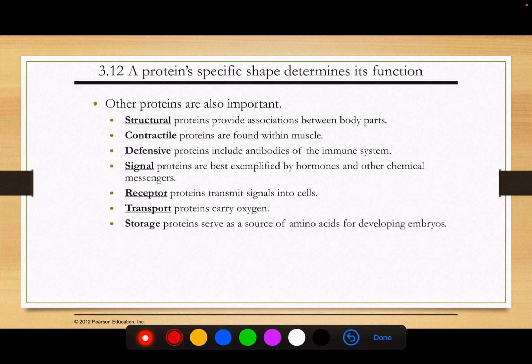We have receptors that are on the surface of cells that send messages. Transport, hemoglobin transports oxygen, and that is another example of a protein. And we have some proteins that store amino acids or other food or nutrients for growth.